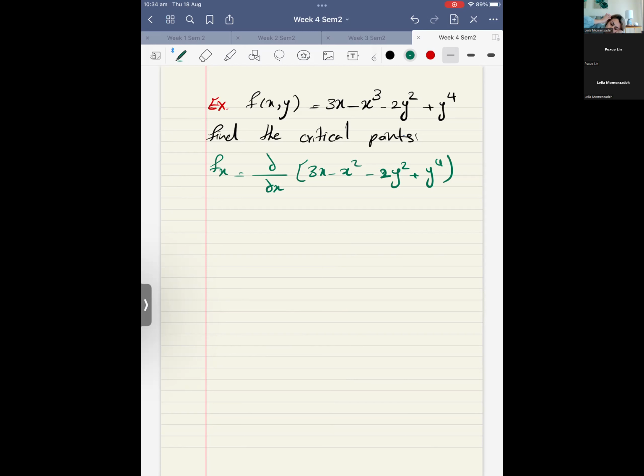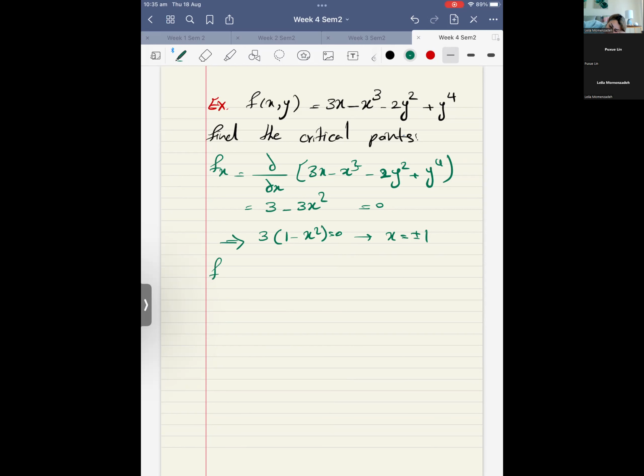Okay, it would be equal to 3 minus 3x2. If I put this one equal 0, it means that 1 minus x2 equals 0. It means that you have x equal minus and plus 1.